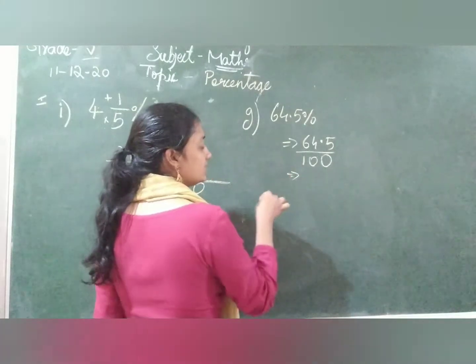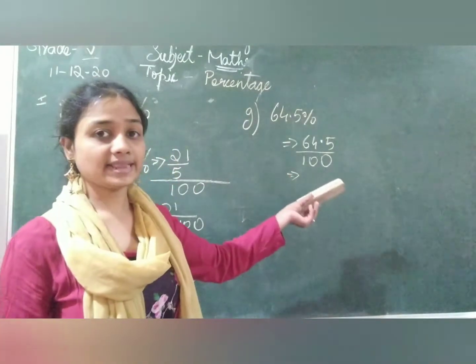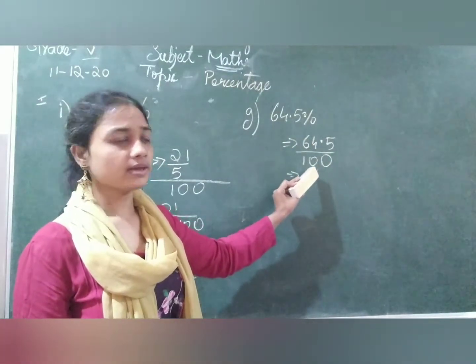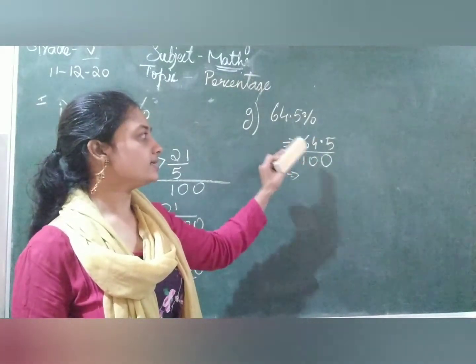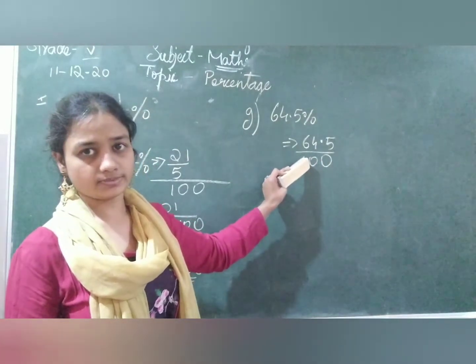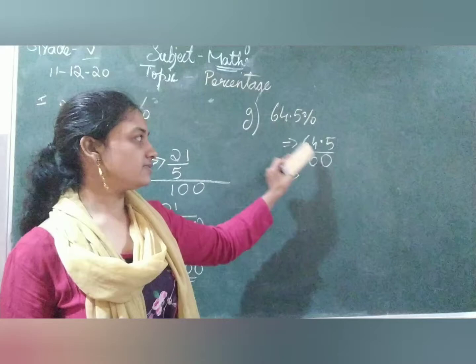So if I want to cancel it, directly I can cancel. If you don't want to shift the points, you can keep the points also, children, okay? Because if I shift the points here, both my zeros will get cancelled and I will not have a denominator. So I will not shift it.